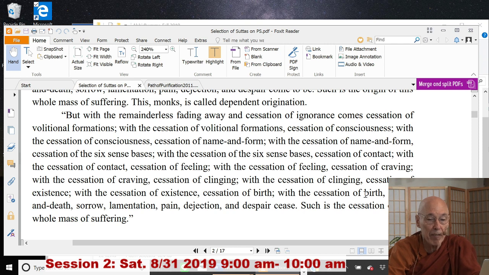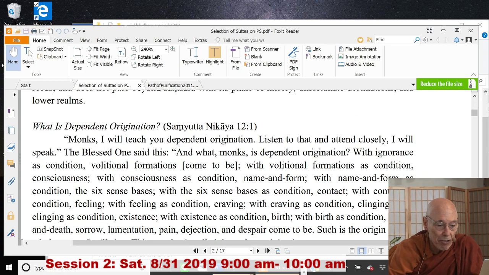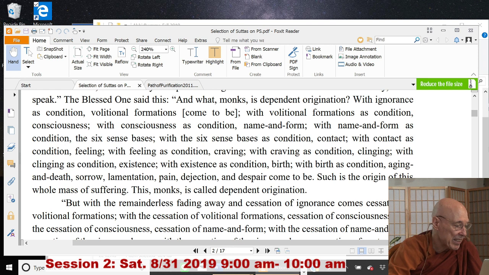With the cessation of birth, there comes the cessation of old age and death, sorrow, lamentation, pain, dejection, and despair. Okay, so this is the standard formula of dependent origination, which is generally taken to be, I call it, a description of the causal dynamics of samsara.